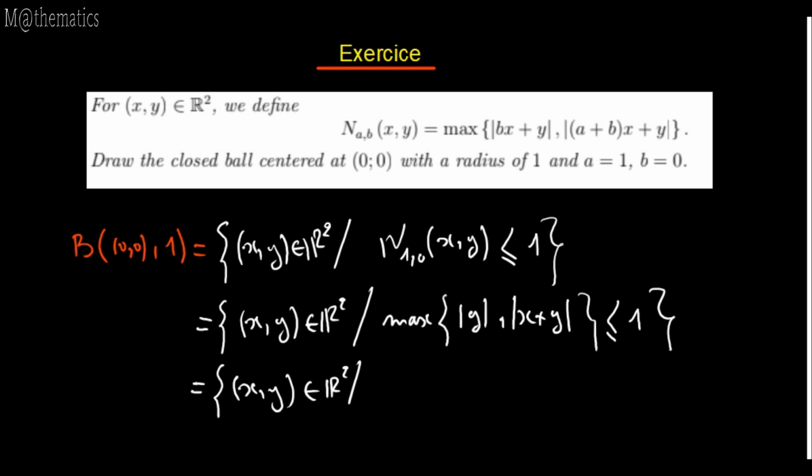That means the absolute value of y is less than or equal to 1 and the absolute value of x plus y is less than or equal to 1.